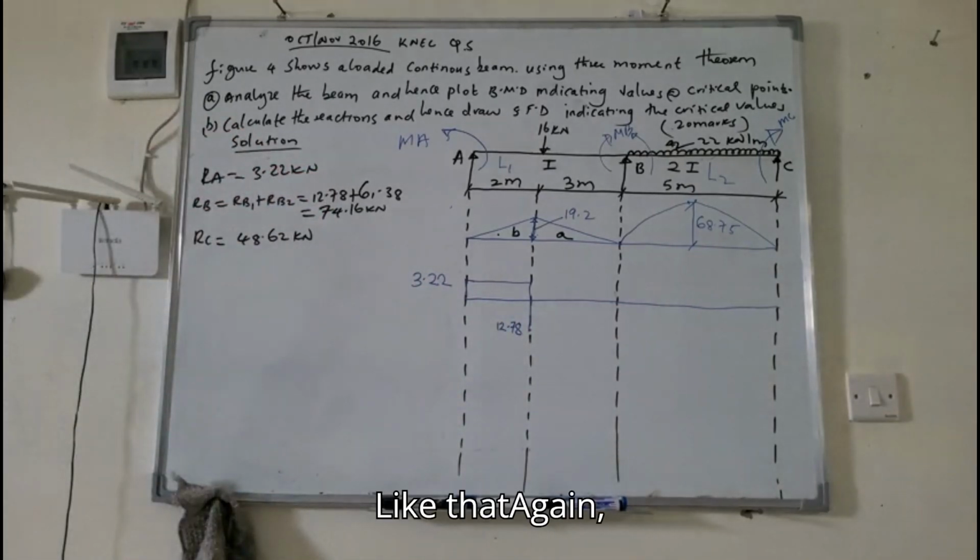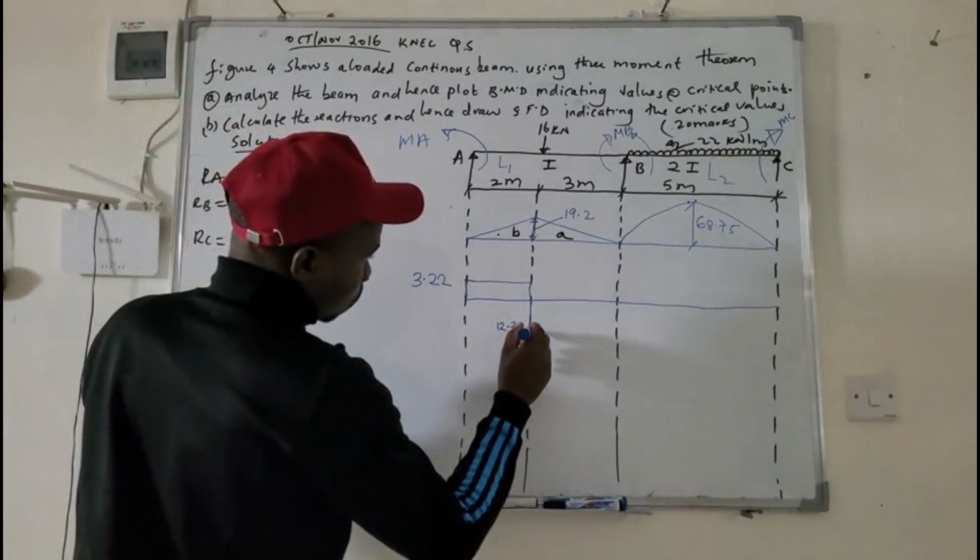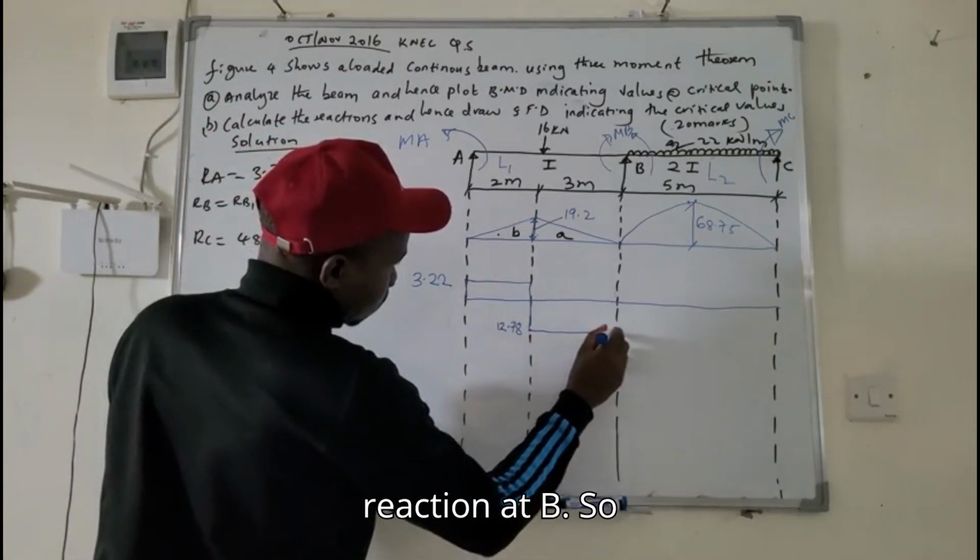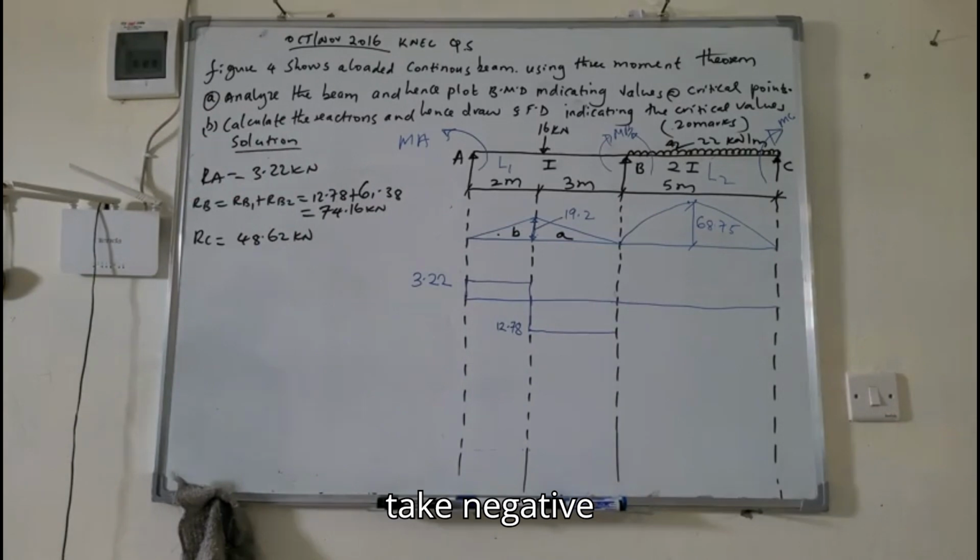Like that. Again, after there, it will be constant up to the reaction at B. So take negative 12.78, add reaction at B. So plus 74.16, that is 61.38.